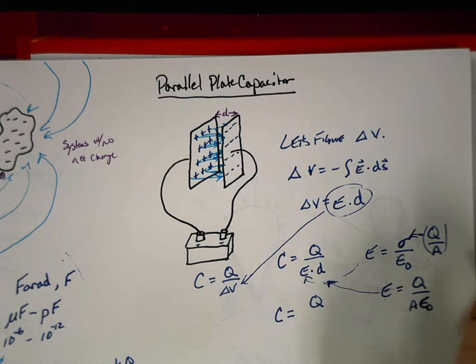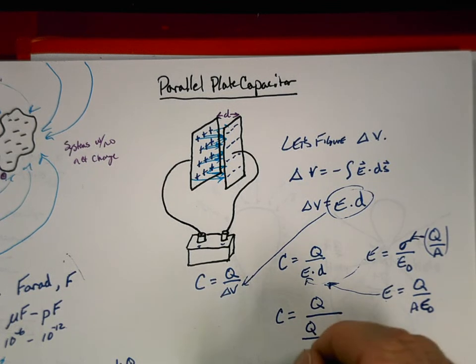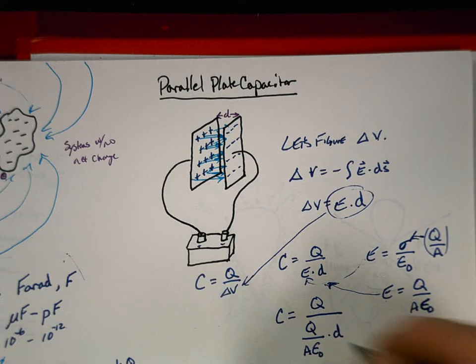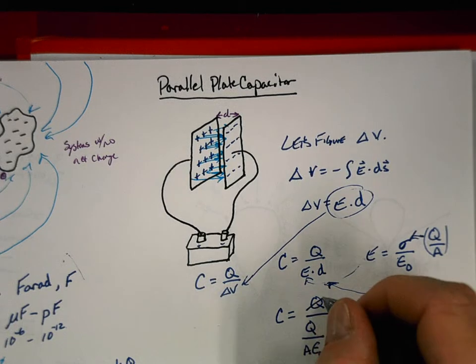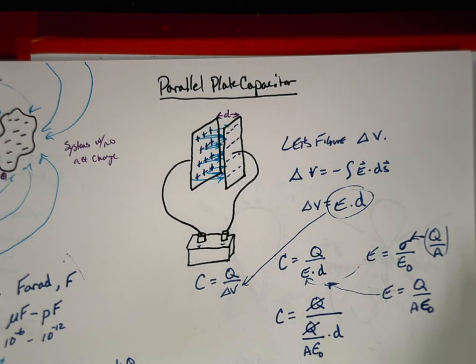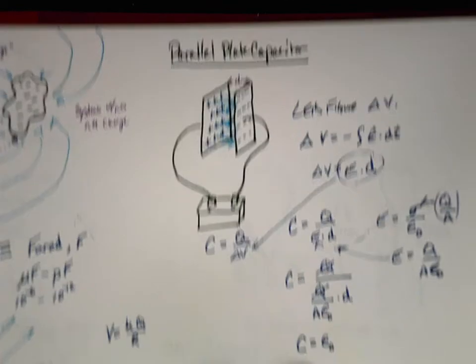Okay, so E comes in here, and now we get Q over our field. And now we start canceling stuff. Q cancels, and we're left with the capacitance equal to epsilon naught, the permittivity of free space.